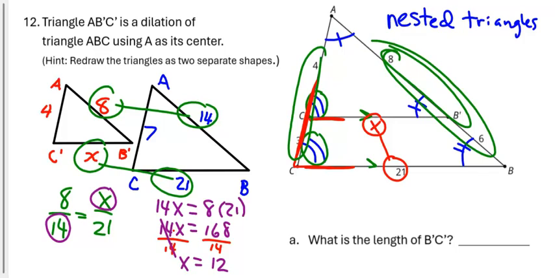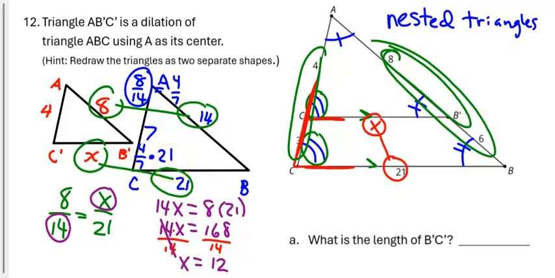If I wanted to do it the other way, I would take 8 divided by 14 as my scale factor, because I want it to be smaller, so the number has to be less than 1. And that would simplify to 4/7. So to go from the 21 to the x, what I have to do is take 4/7 times 21.